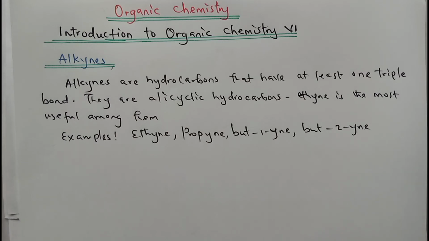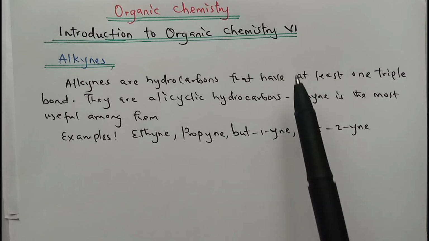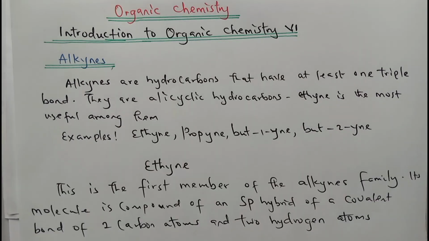So there's no need of stressing ourselves on how to name the alkynes and all the processes that lead to the formation of the double bond or triple bond. I have done all those things in the beginning of my videos. Therefore, if you are new to this video, I urge you to go back to my introduction to organic chemistry 1. Ethyne is the first member of the alkynes.